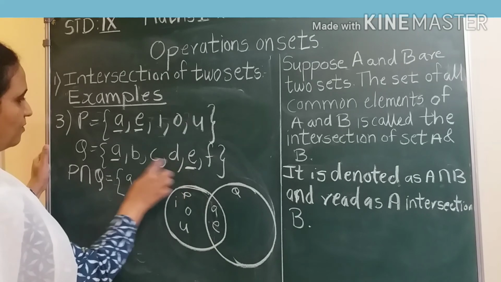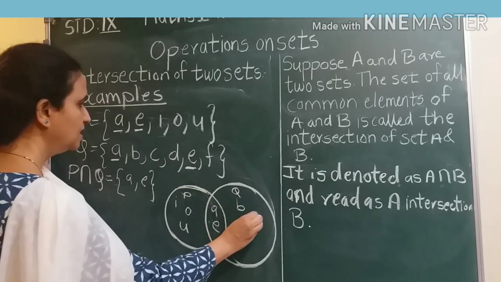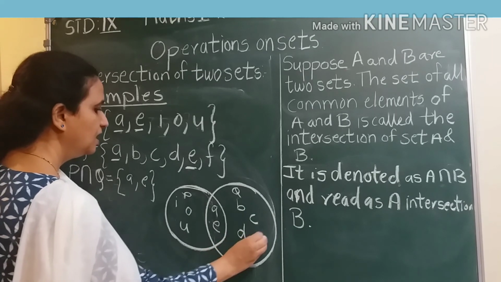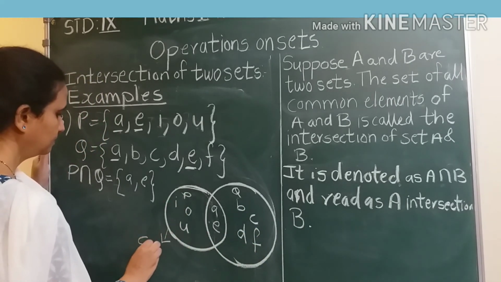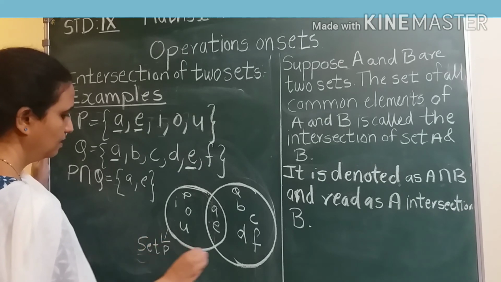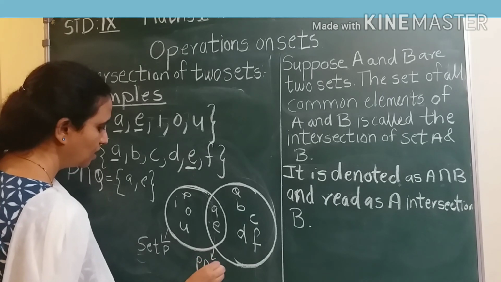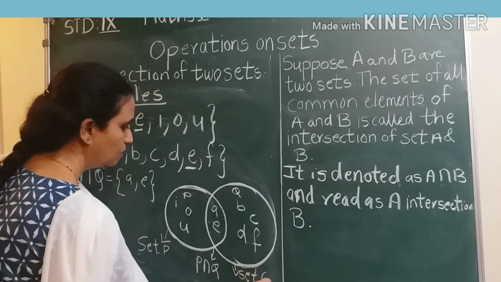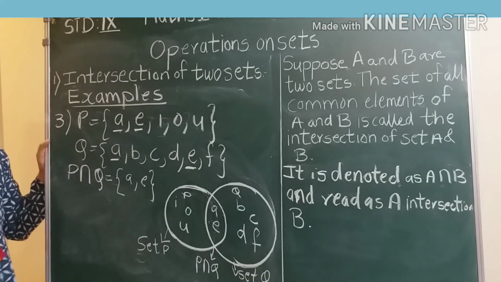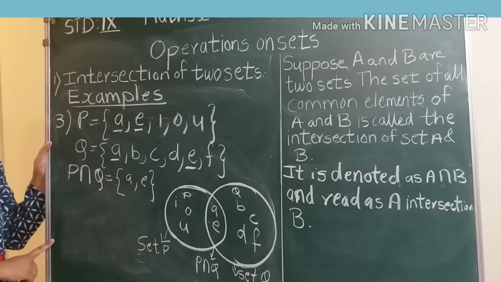A and E we have already written. So remaining elements we will write. Which are the remaining elements? B, C, D and F. So this is set P. This portion shows P intersection Q. This is your set Q. This is the third example. Students, you copy down this example.